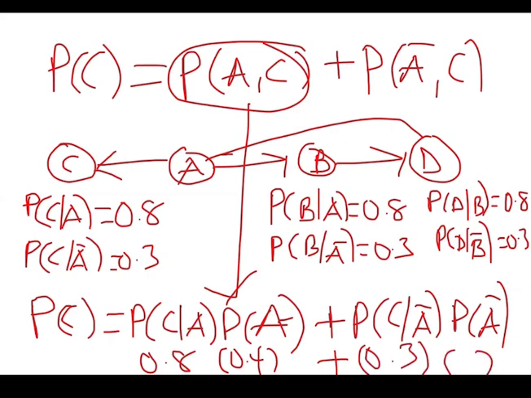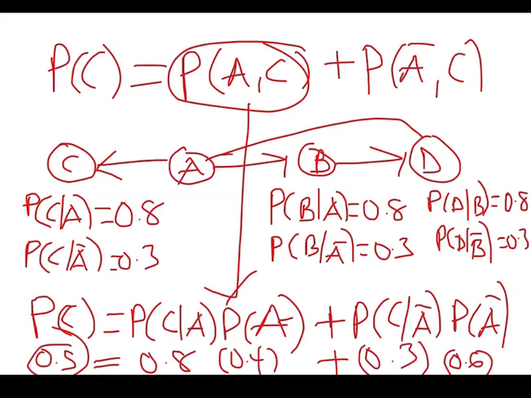What is the probability of A complement? You know the probability of A, so the probability of A complement is going to be 1 minus that. So that's going to be 0.6. If you multiply this by this, multiply that by that, and add them all, the final answer is going to be 0.5. I'm done. Okay? That's how to do that. Very easy.